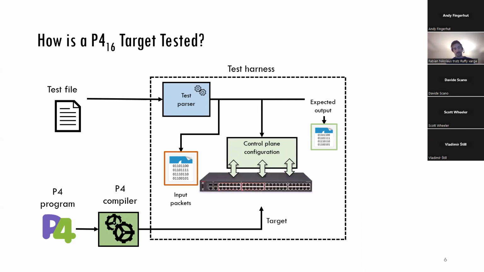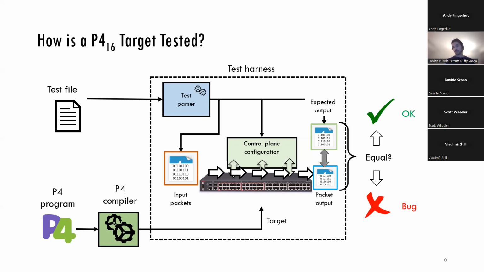So once you have compiled your P4 program, you load it into the target using the typical workflow. And using the test parser, you synthesize a set of input packets and a specific configuration for your target. And using this input packet and this control plane configuration, you would expect a specific kind of output with your target. Now, using your test runner, you run this through your target and you get an output. And once you compare these two, you will see whether you have an issue or not in your test environment.